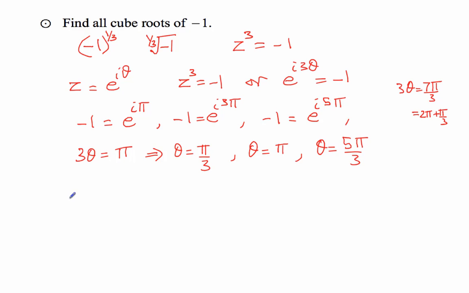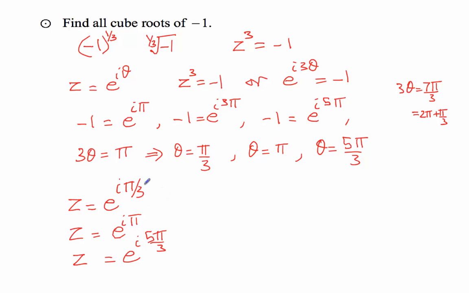So the 3 cube roots of -1 are z equals e to the i pi by 3, z equals e to the i pi, and z equals e to the i 5 pi by 3.